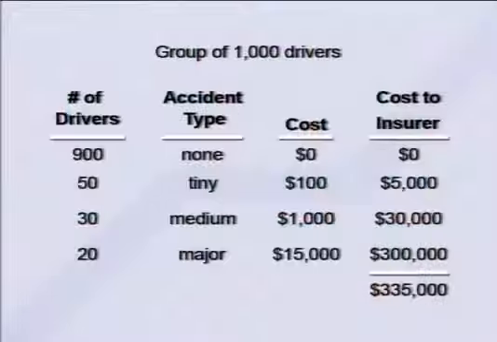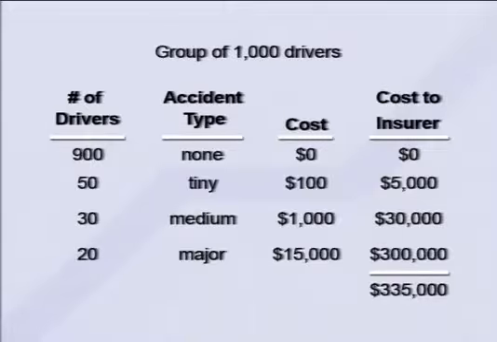So, what's the total loss that the company is going to face in a year? What's the total damages incurred by the car accidents for this group of 1,000 drivers? Well, if you multiply it all out, it'll be $335,000. So that's the 50 drivers having $100 accidents, 30 drivers having $1,000 accidents, and 20 drivers having $15,000 accidents.